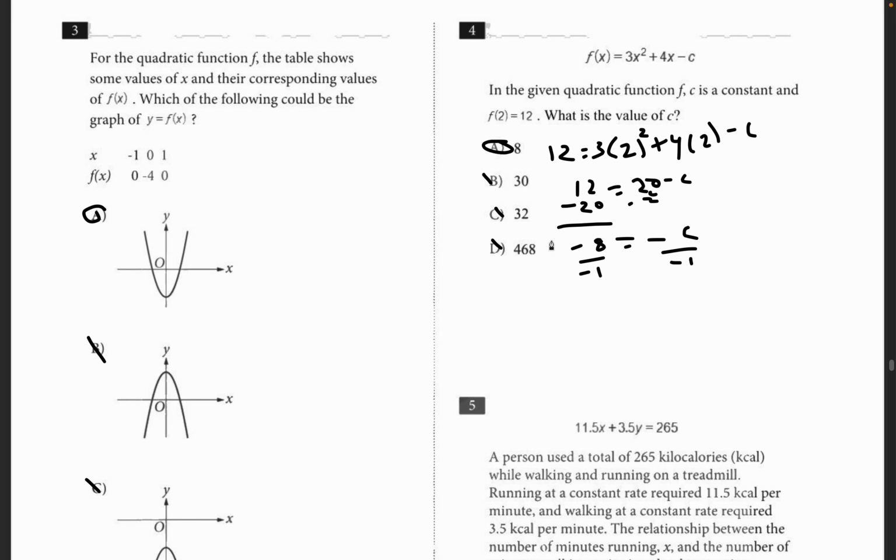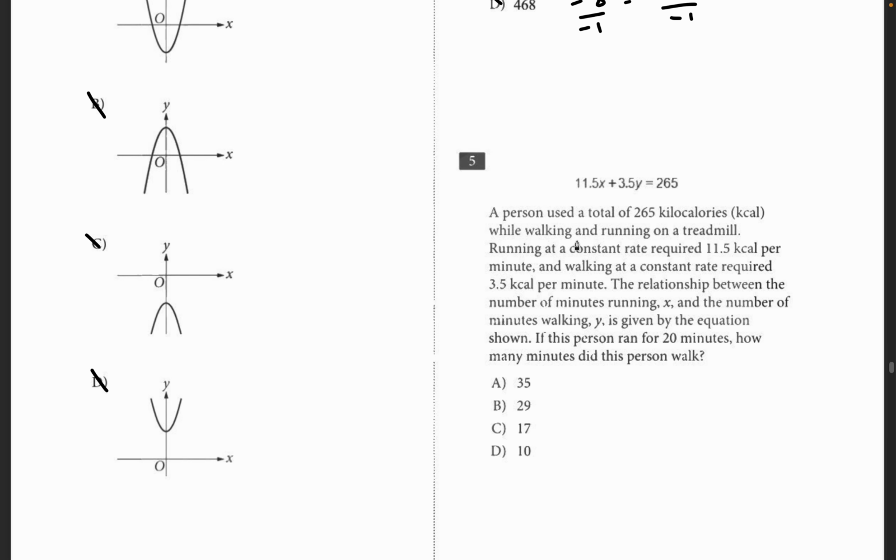Okay, next. A person used a total of 265 kilocalories while running at a constant rate, which required 11.5 kilocalories per minute, and walking at 3.5. So this is running, let's name that x, and then y is walking. So if he ran for 20 minutes, let's plug in 20 for x.